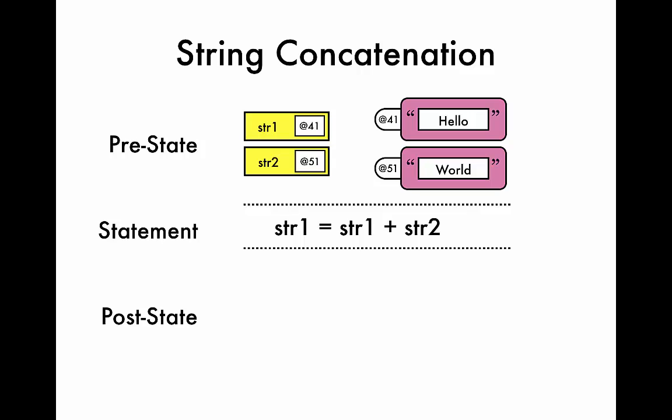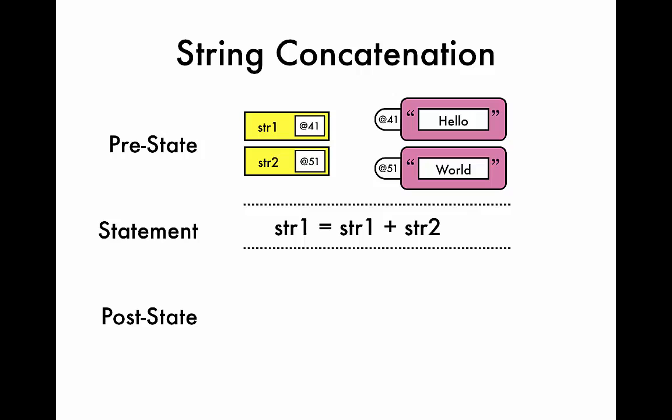But string is a reference type, so string variables have both a reference value on the stack and an object value on the heap. Let's look at these two variables, str1 and str2, from that perspective. The variables reside on the stack, and they hold references to string objects on the heap.